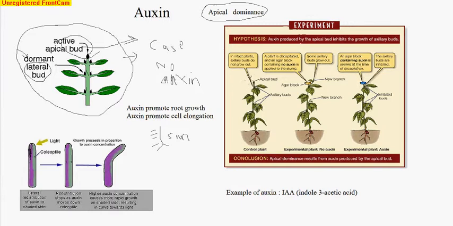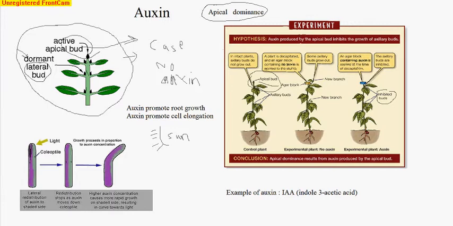Okay, and then in this experiment we can clearly see when we remove this apical bud and we keep auxin, then in that case we will have inhibited buds. It will be the same as the auxin which is produced by the apical bud. But when we remove that and we don't keep auxin, we just keep this agar block, then we will not have auxin over here.